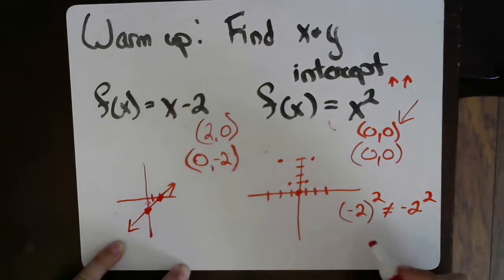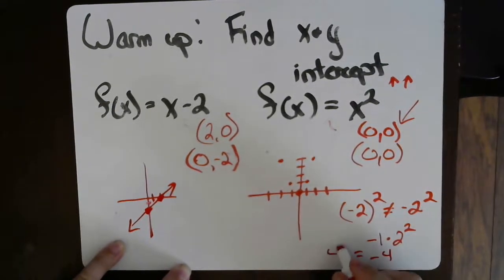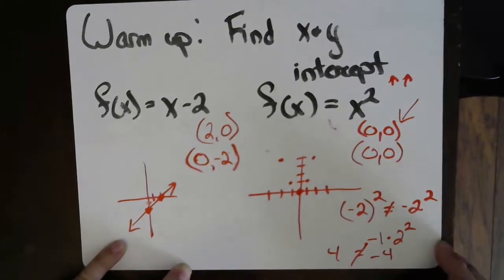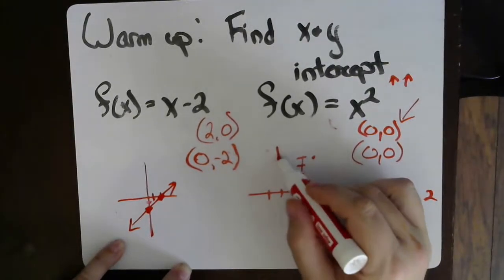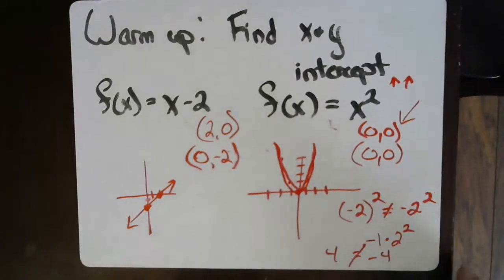This right here is taking the negative 2 times negative 2. This is actually taking a negative 1 times 2 squared. And that gives you a negative 4, which is not the same as 4. Right, in this case, we draw like so. Bad drawing, but you get the idea.